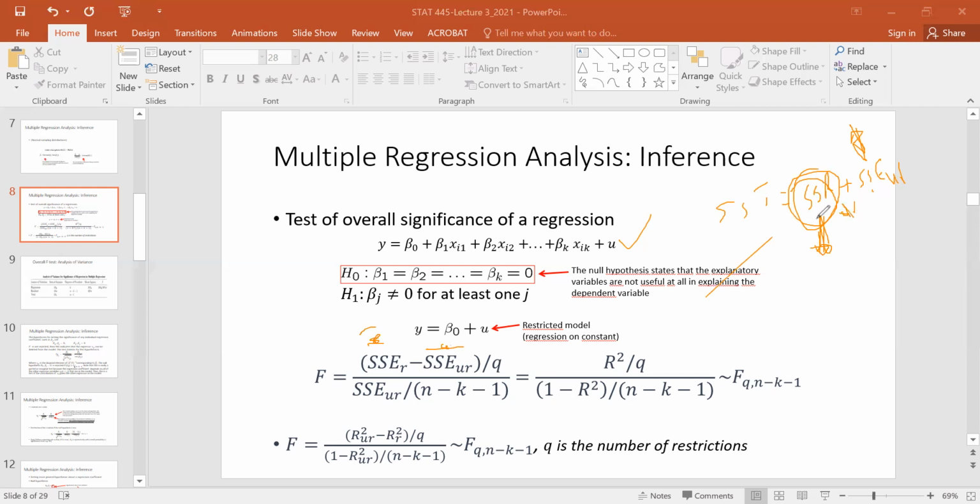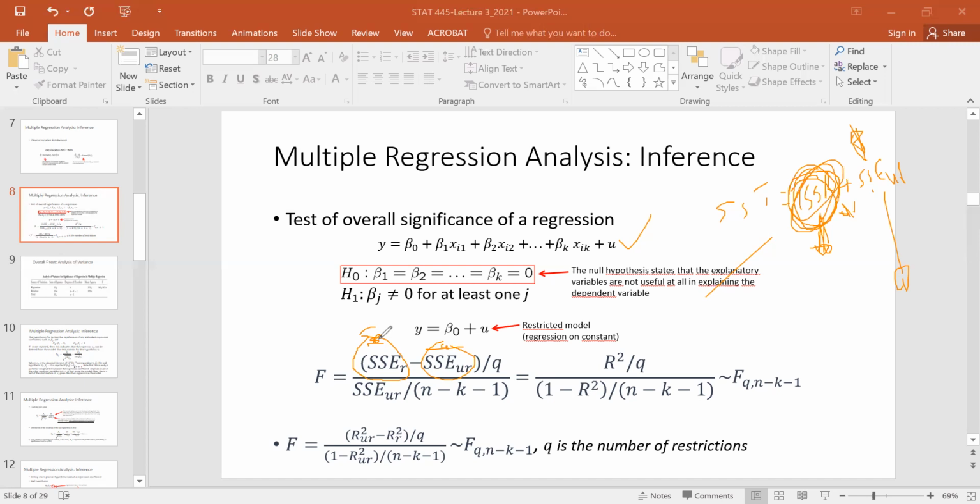So as this increases, because your regressors are doing a very good job, of course, obviously this guy must be falling.